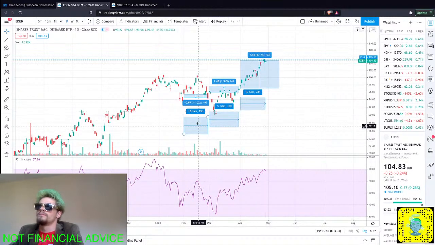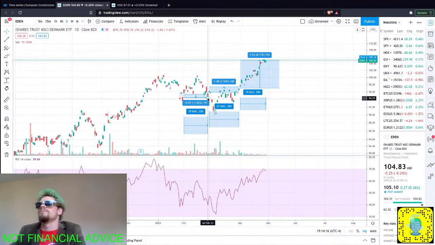And we can see this first month that I kind of drew on with some crayons, for the month of February. Since the first day in February to the last day in February that the stock market was open, the Denmark ETF EDEN went down about 1%.